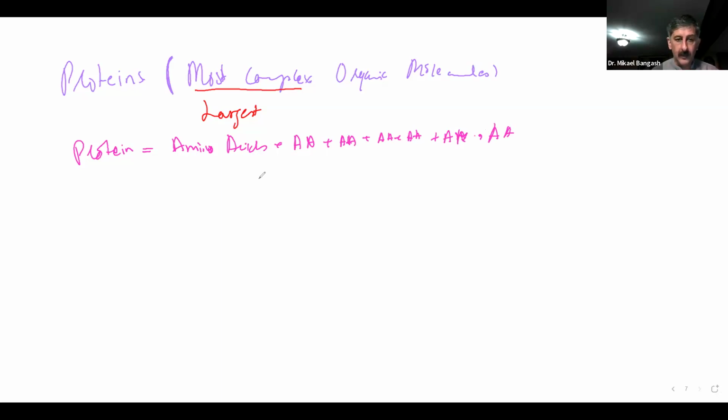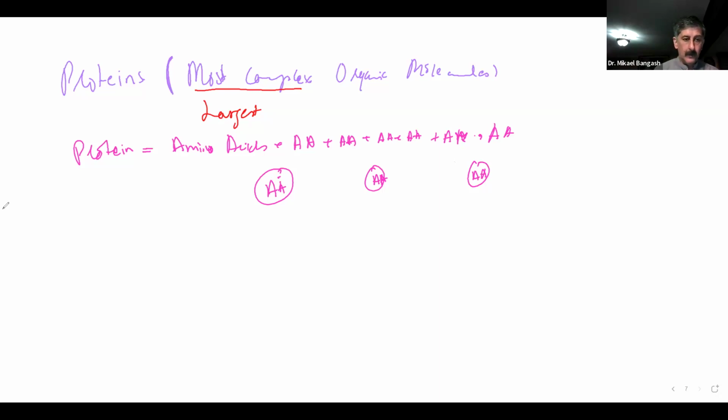Now let's just say we have an amino acid. And let's say we have another amino acid. And please note that these amino acids themselves are molecules.